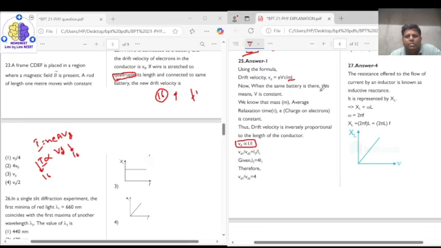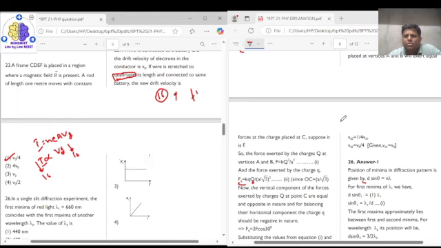When the same battery is there, it means V is constant. Now because V is constant, we can say that drift velocity is inversely proportional to the length of the conductor, right? Drift velocity is inversely proportional to the length of the conductor. So using that relation, we get the new drift velocity as reduced by 4 times. So the correct answer will be option 1.